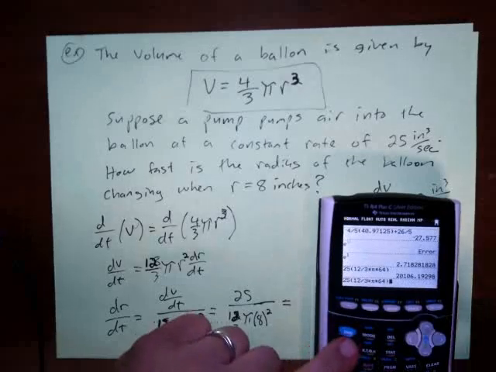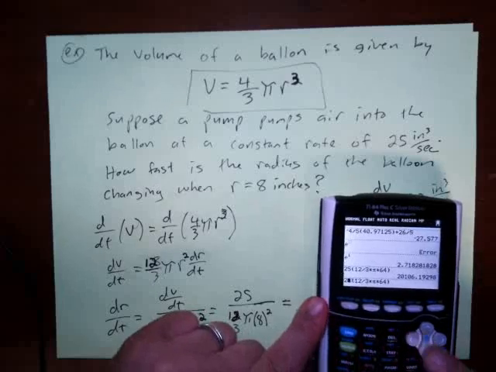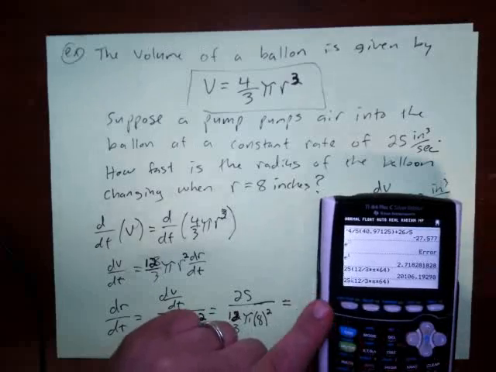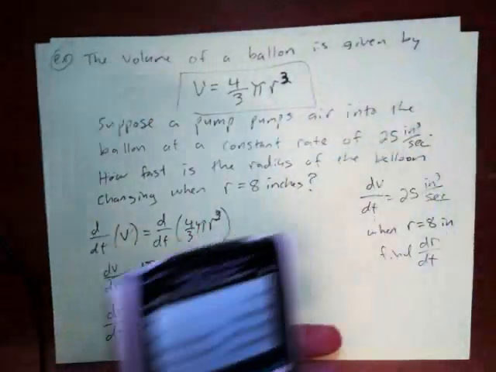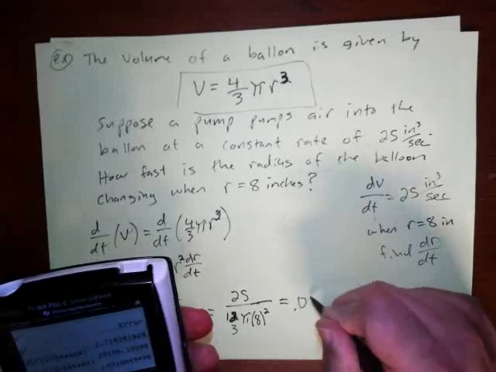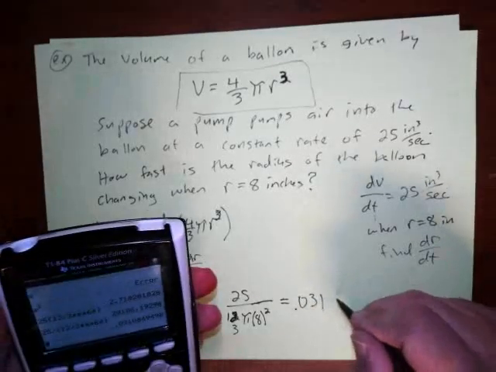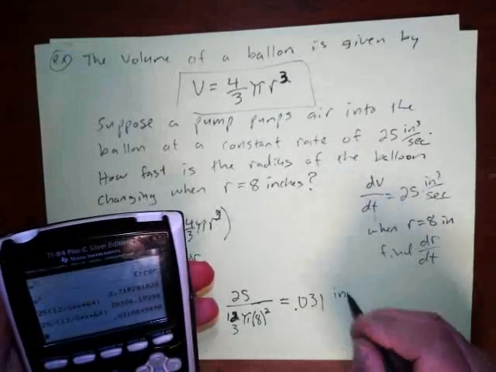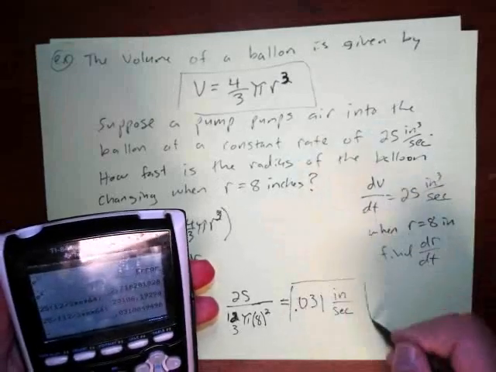And, oops, I needed to divide here. So divided by, okay, and there we go. So what I have here is like 0.031 inches per second. So it's not changing very fast.